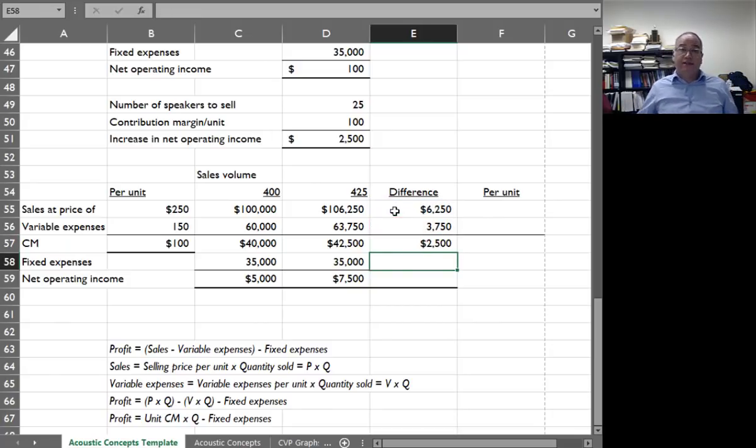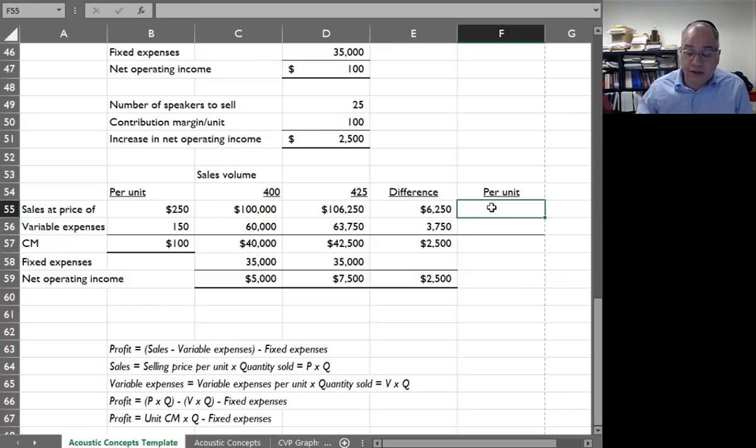The really nice thing about contribution margin is that it increases with volume. Fixed expenses don't. So your fixed expenses are going to be the same. Your fixed expenses are completely covered already, so this would go straight to the bottom line, and your net operating income would increase by $2,500.